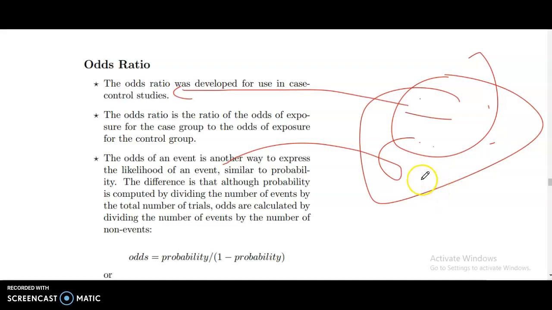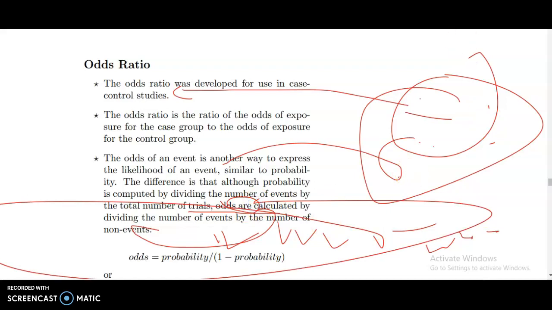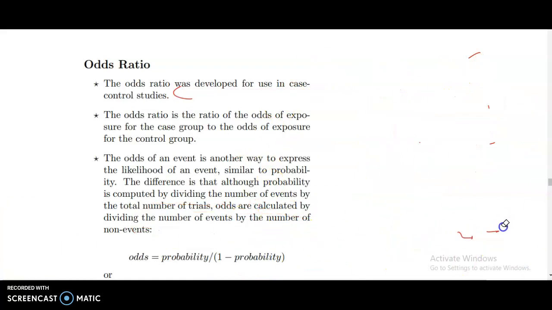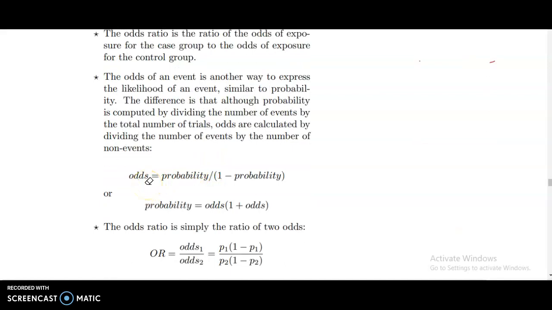The difference is that although probability is computed by dividing the number of events by the total number of trials, odds are calculated by dividing the number of events by the number of non-events. Odds equals probability divided by 1 minus probability.